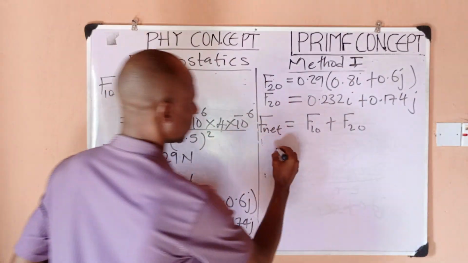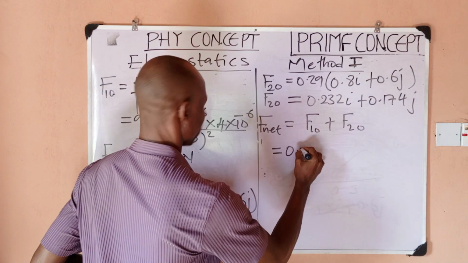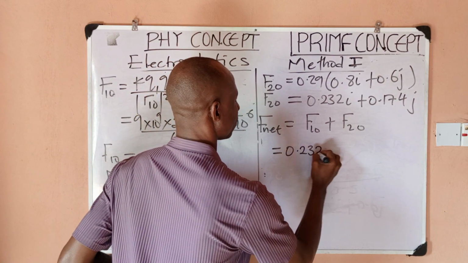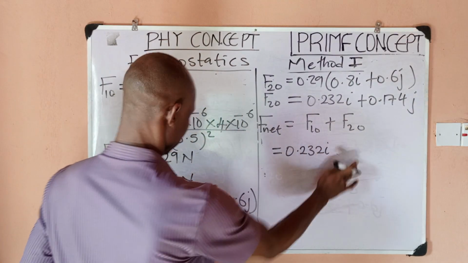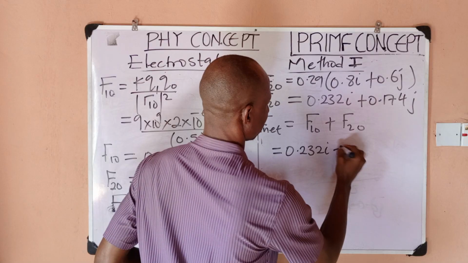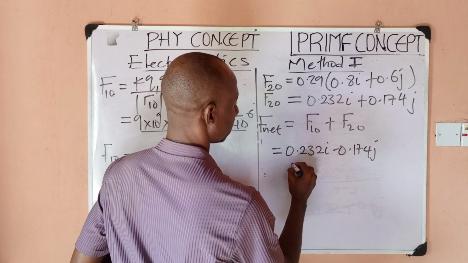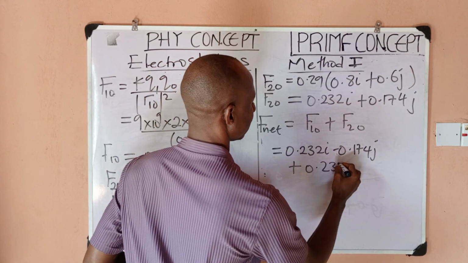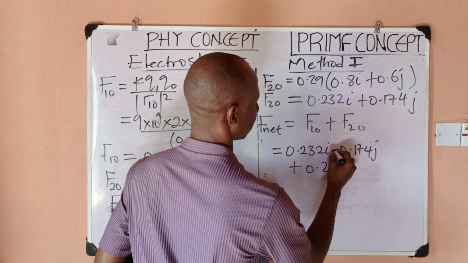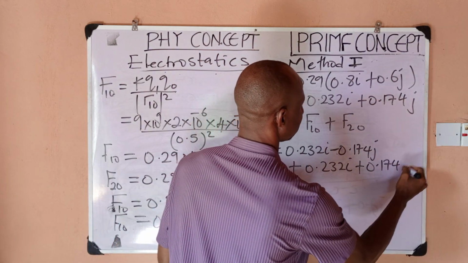So if I add both of them, F10 is 0.232i plus, minus 0.174j, then plus my F20 is 0.232i plus 0.174j.